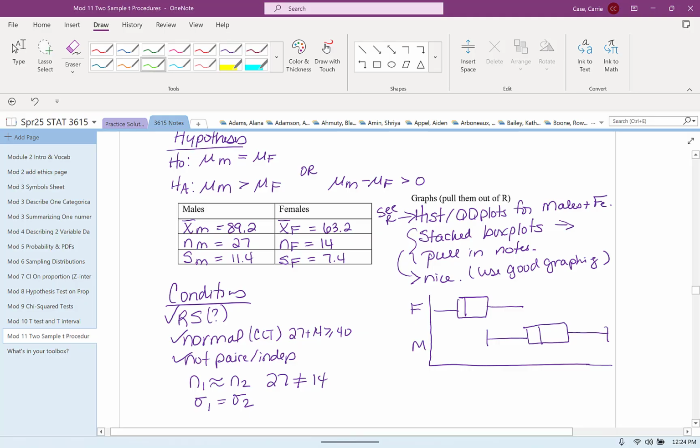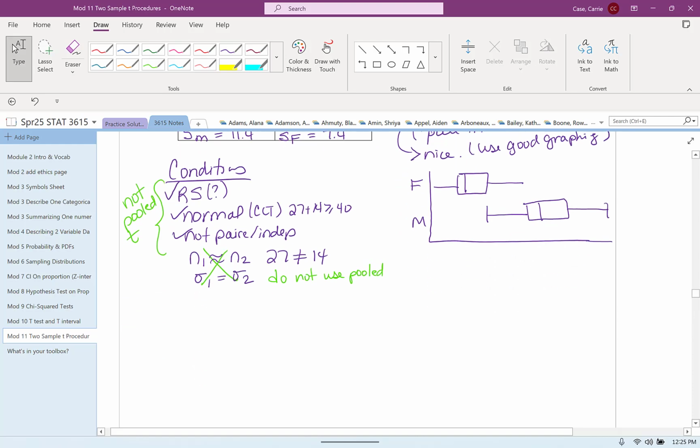And so when that happens, we do not use pooled. So notice when I showed that N1 was not equal to N2, I didn't even look at standard deviations after that. So when that happens, we use the not pooled t-test or the t-interval, either one. So now that we know we didn't meet the conditions for pooled, it kicks us out into not pooled.